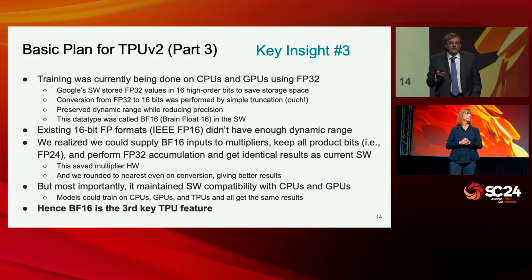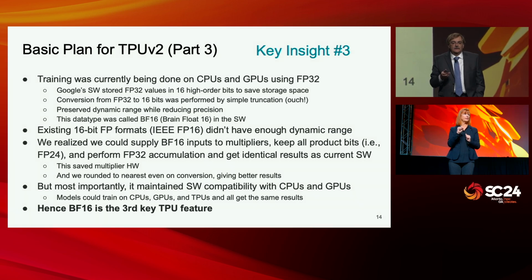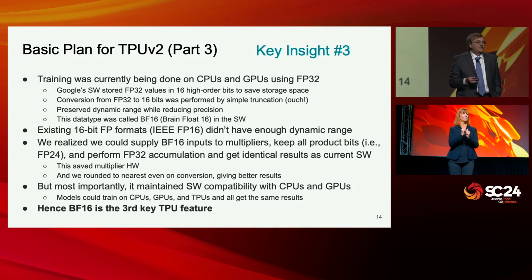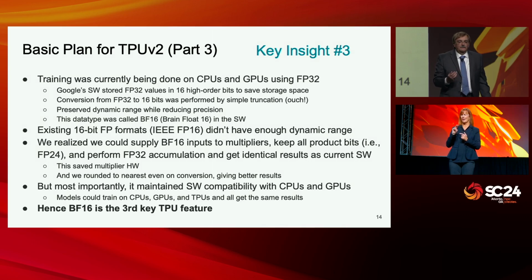Another key feature of the TPU systems was that training was currently being done on CPUs and GPUs using FP32. Jeff Dean and the research group there were using this. And Google software stored the FP32 values, the 16 high-order bits of those, to save storage.